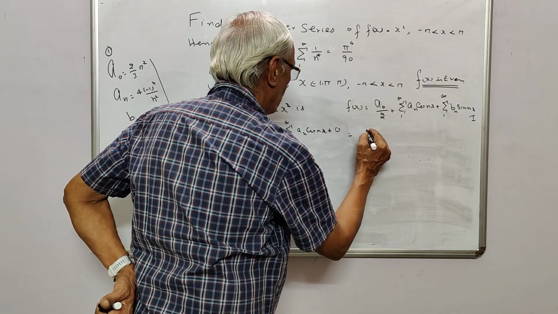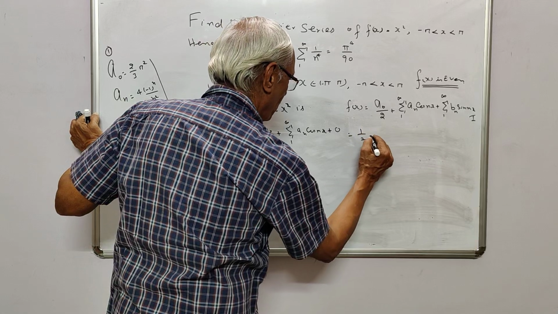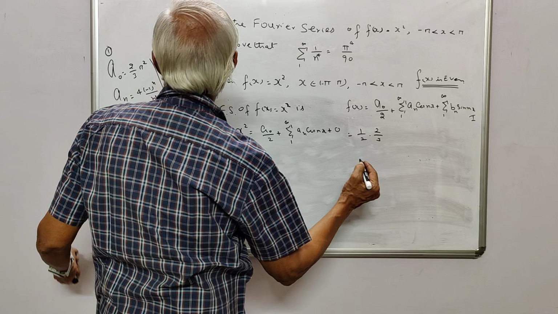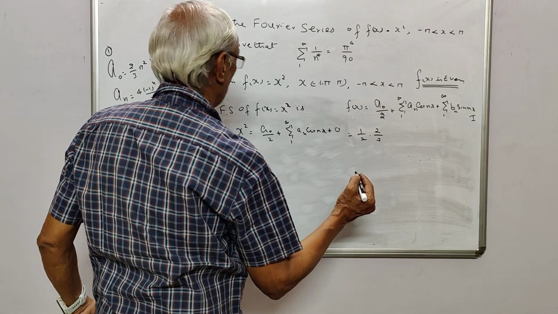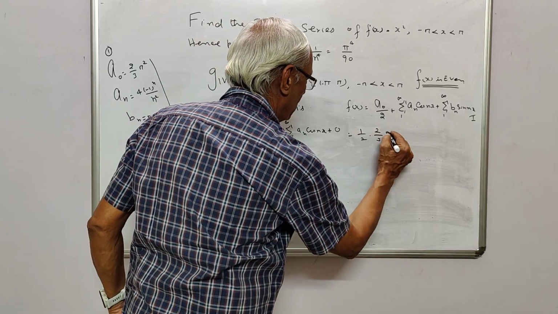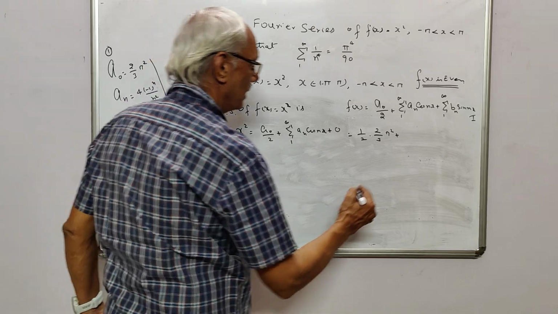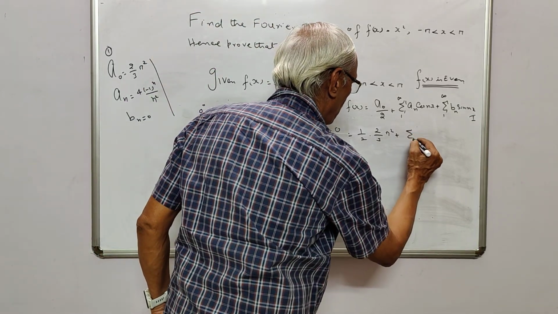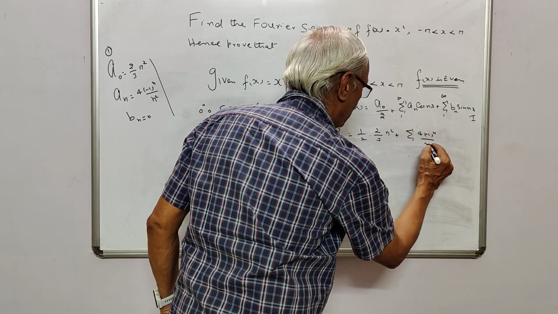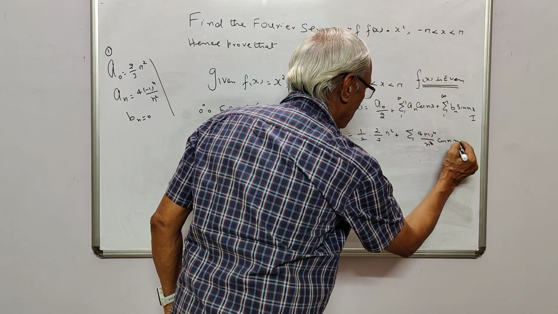So what is your a naught now? A naught is half of 2 by 3 pi square, that is 1 by 3 into pi square, plus sigma of 4 into (-1) to the power of n divided by n squared into cos nx.